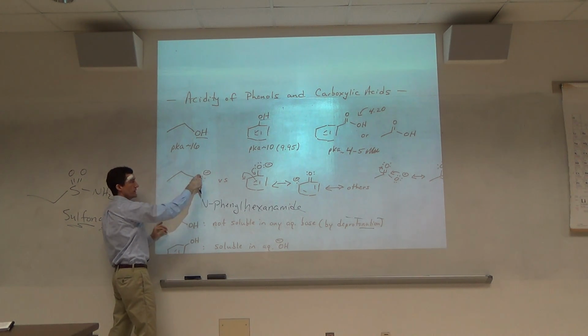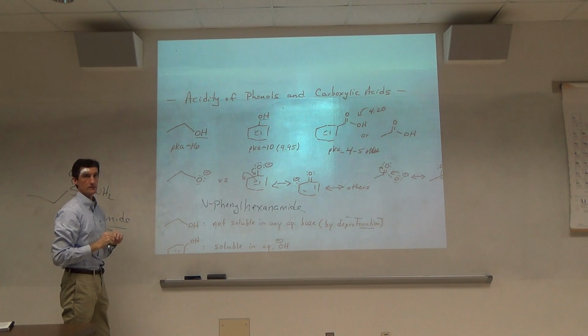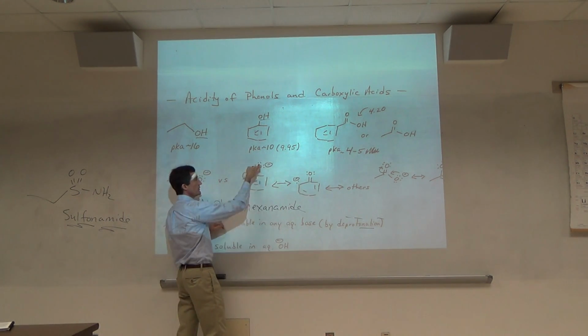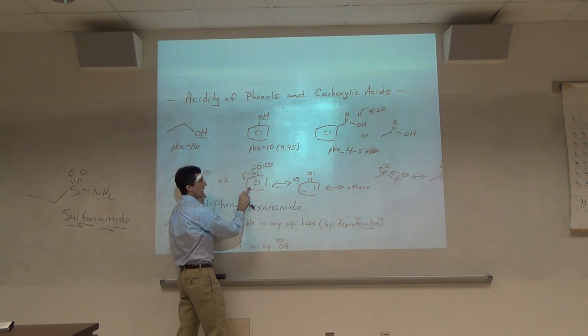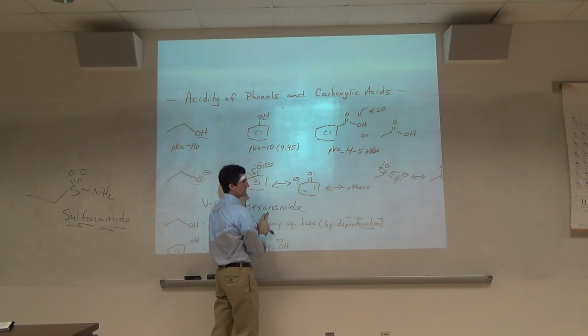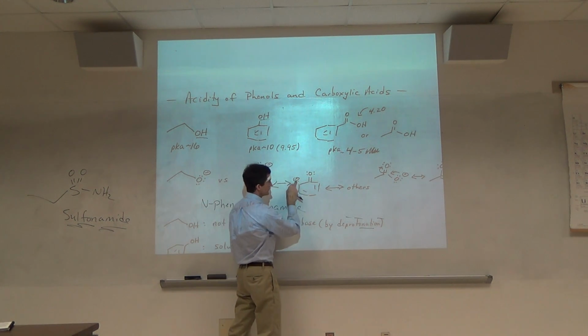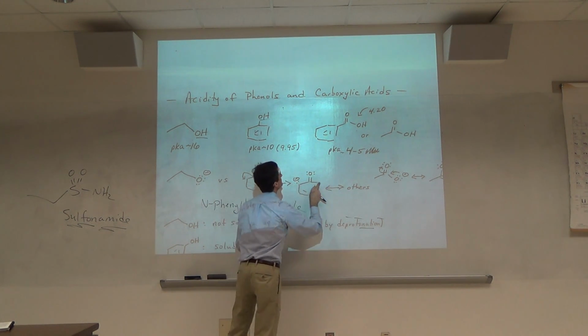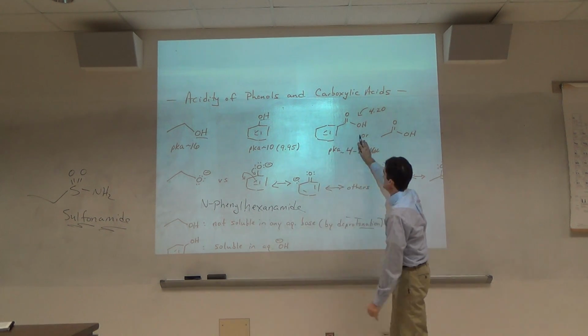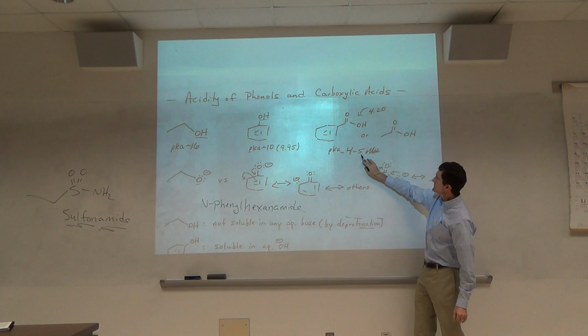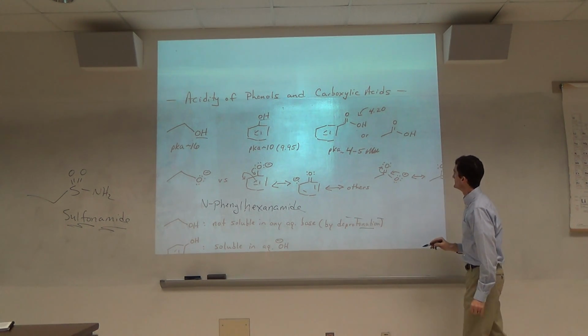All it has going for it is that the oxygen can handle a minus. Over here we have the oxygen. That's consistent across the board. But here we can start doing resonance structures, and we can delocalize the charge. Okay? You can do other resonance structures and delocalize it around the ring. Carboxylic acids are even more acidic, about 4 to 5. Why?